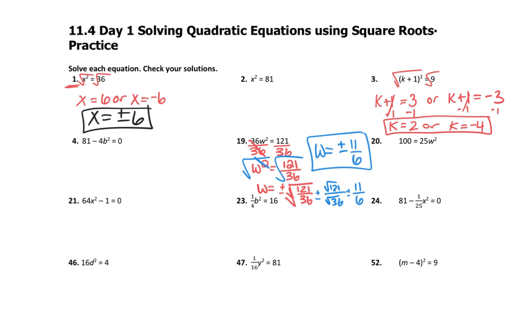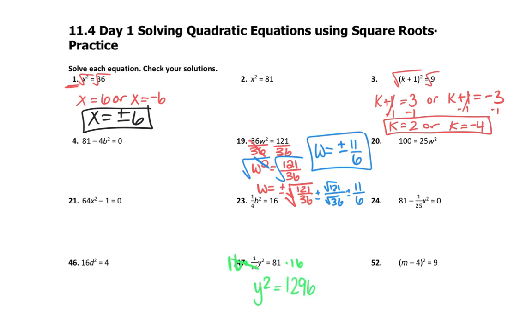Let's take one more of these, maybe one with the fraction, like number 47. All right, so we've got 1/16 y squared equals 81. So I want to get that y by itself. So my first step is going to be to multiply both sides by 16. And if I do 81 times 16, I get y squared equals 1296.